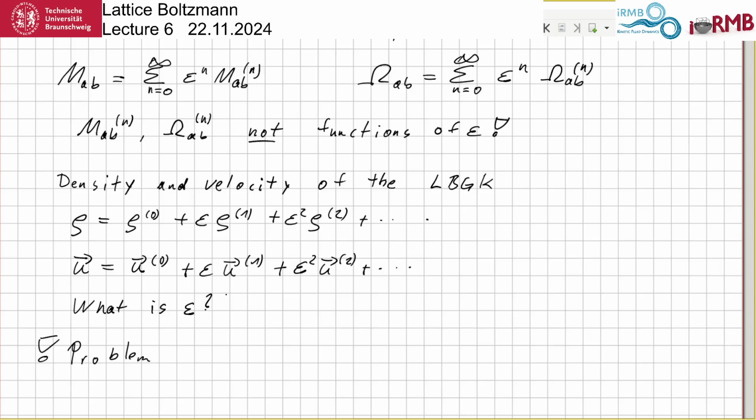So the problem: LBM has two numerically small parameters because there is a grid spacing and we have a time step, delta x and delta t.